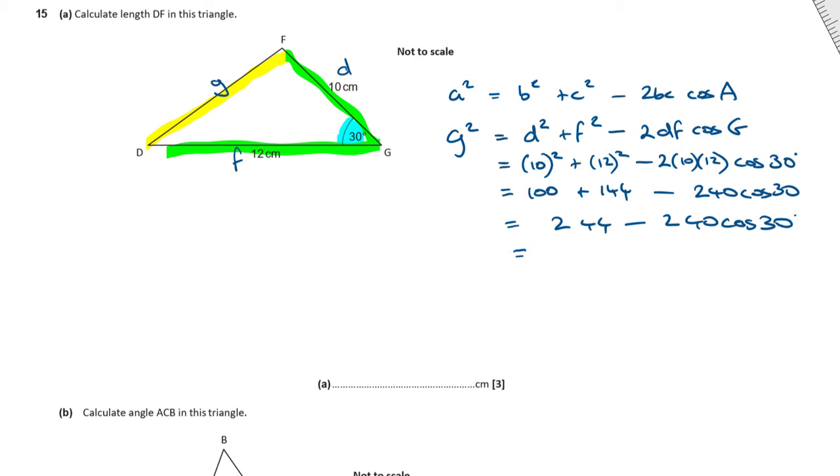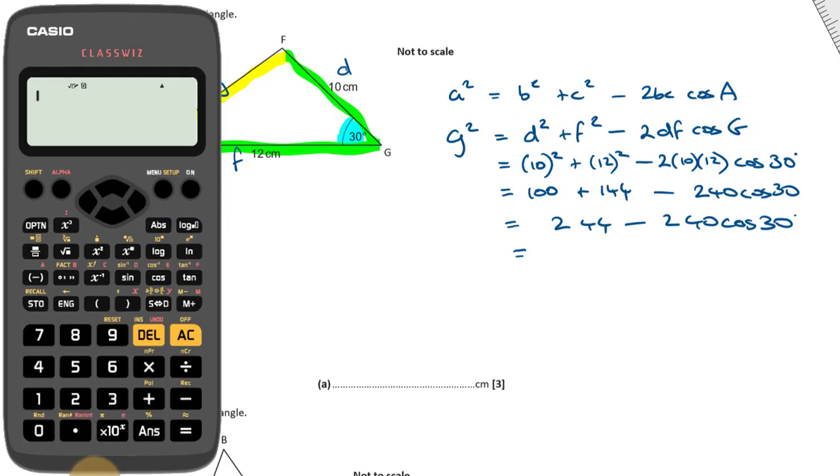Okay, well actually cos 30 I know is root 3 over 2, but I'm going to be lazy because I've got my calculator. I'm going to type it in anyway. 244 minus 240 cos 30. Okay, that comes out to be 36.153. Just going to write that down as 36.1.